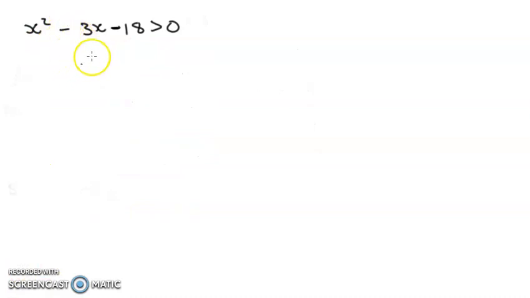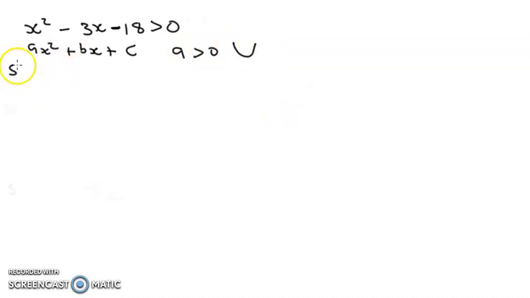Here we are given x squared minus 3x minus 18 is greater than 0. Again, this resembles ax squared plus bx plus c. You can see it resembles this expression. And of course, a is greater than 0 because a is equal to 1. There is a 1 there even though it's not written. Because a is greater than 0, we know that our graph is going to look something like this.